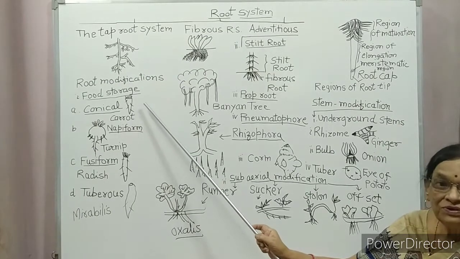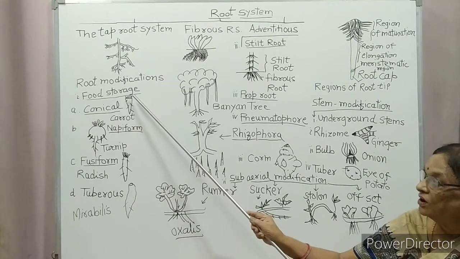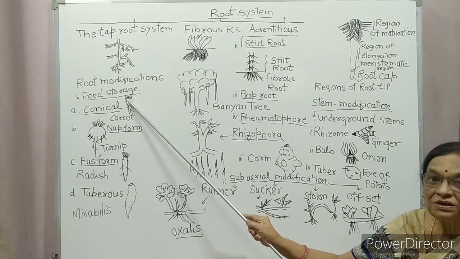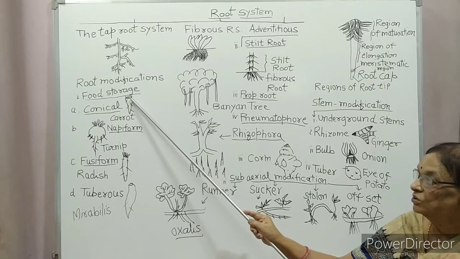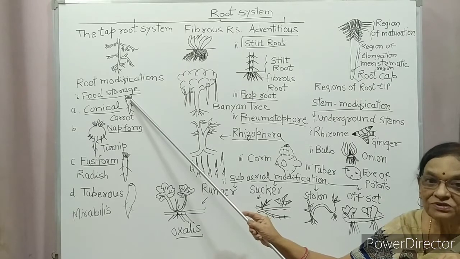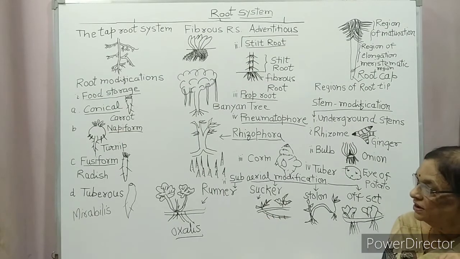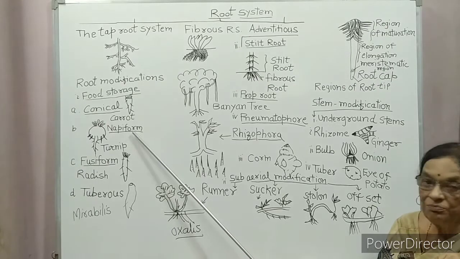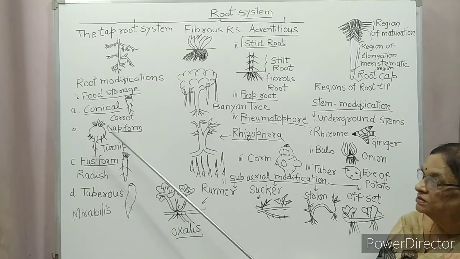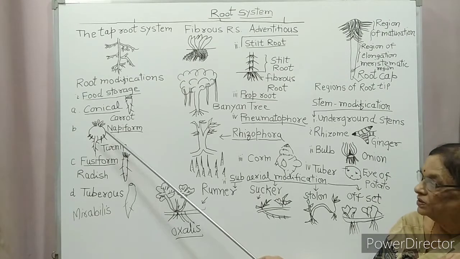The carrot that we eat grows underground and from the modified root grow the green leaves. That is the aerial part of the carrot. Second is the napiform root. Napiform root is globular, swollen in the center.